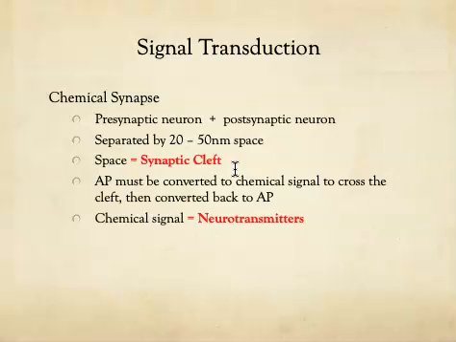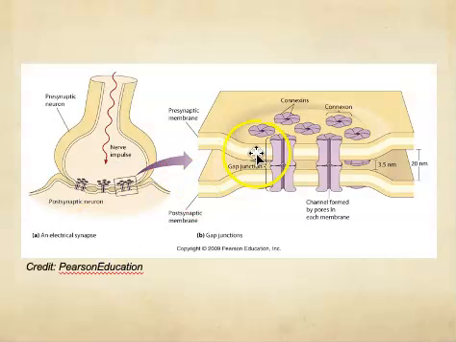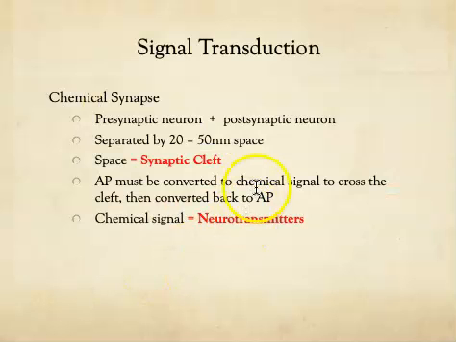The action potential that arrives at a chemical synapse has to be transduced. Whereas in an electrical synapse, the electrical signal is going to pass through as an electrical signal. In a chemical synapse, the electrical signal is going to be converted into a chemical signal.